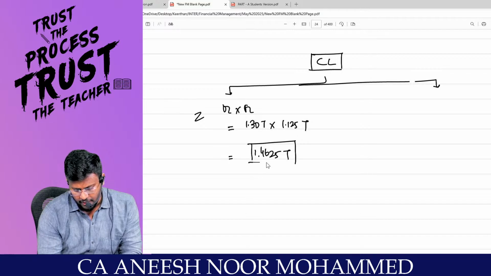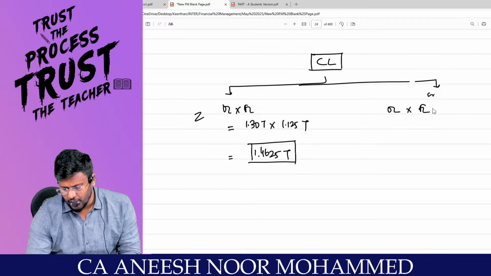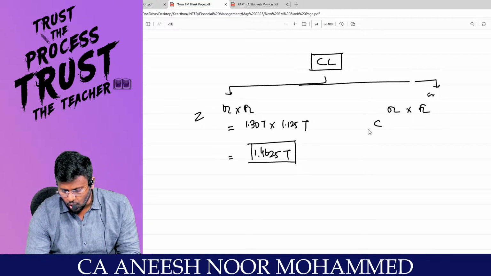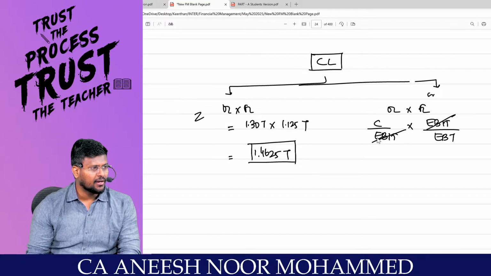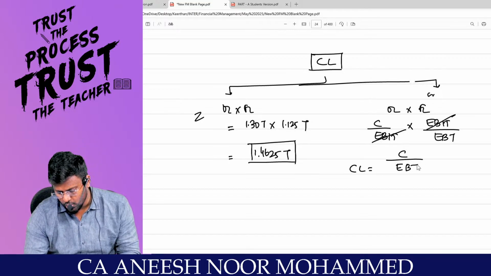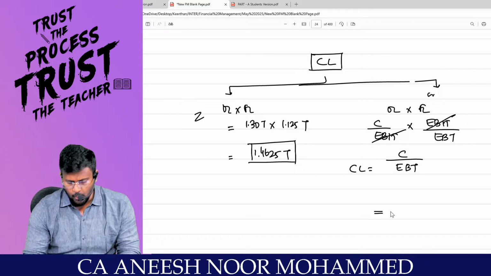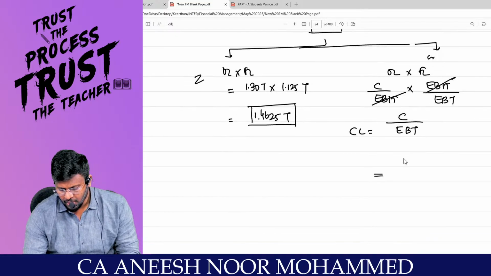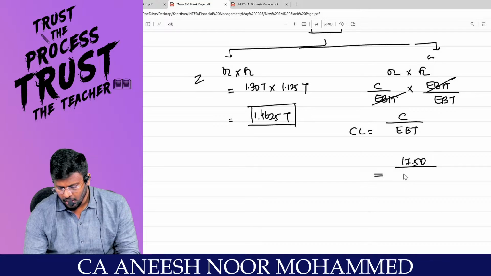Or operating leverage into financial leverage, which is contribution divided by EBIT into EBIT divided by EBT. EBIT and EBIT will get cancelled. So combined leverage is equal to contribution divided by EBT. Comfortable? Which is equal to contribution of 17.50 divided by EBT 12 crores.